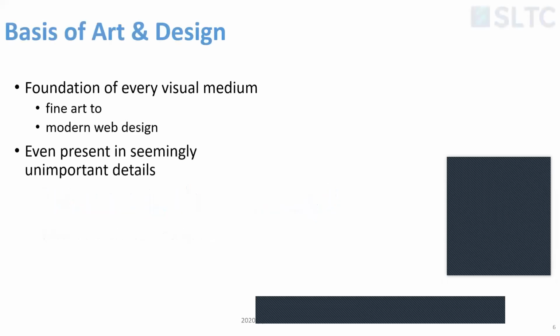Right. Now, with that, let's look at art and design as a foundation. Talking of foundation, we say art and design is the foundation as a visual medium, right? So we see things around us.